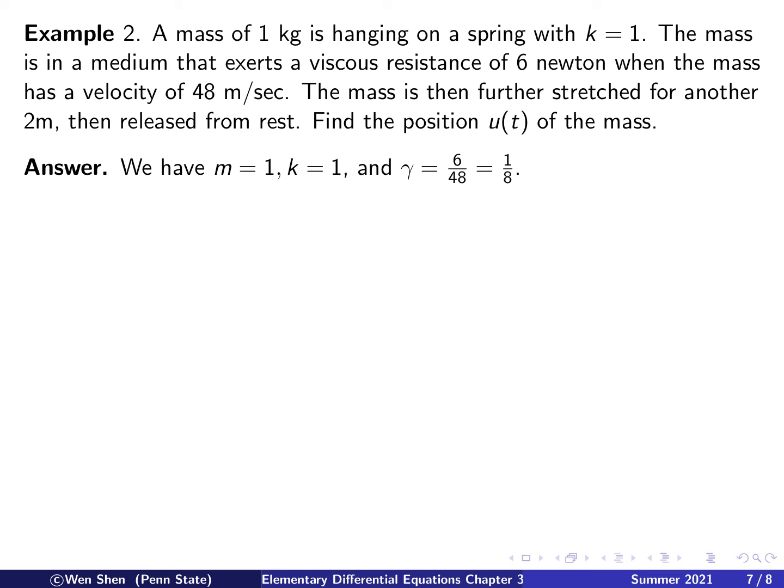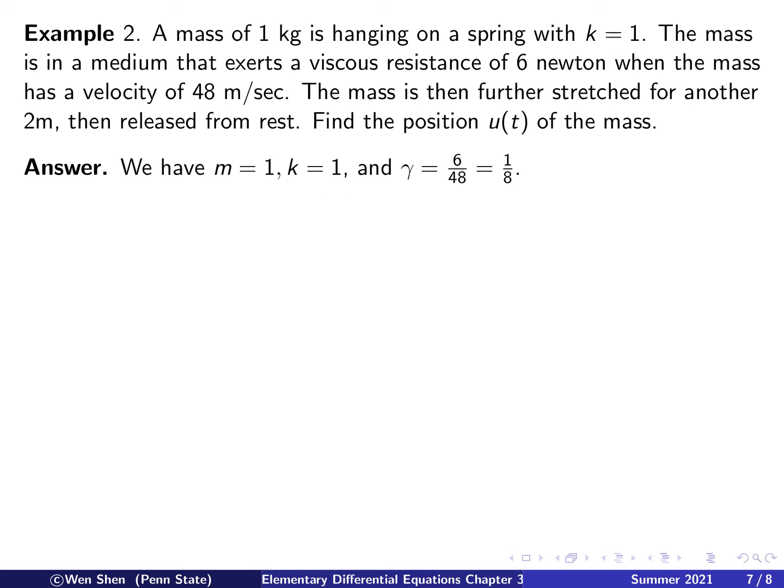Okay, so let's look into the details. To set up the problem, we know that we need m, k, and gamma. So m is the mass, m is 1. This is given, a mass of 1 kilo. And then the spring constant k is given, k equals 1. But gamma is not given.